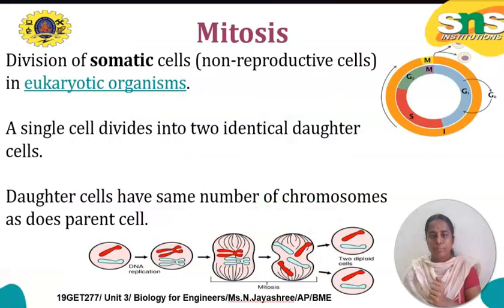So this is mitosis cell division, the division of somatic cells in eukaryotic organisms. For example, this is one cell, and inside it one nucleus is present. Then cell division takes place, and G1 is nothing but Gap 1. The synthesis stage is where the cell is duplicated.